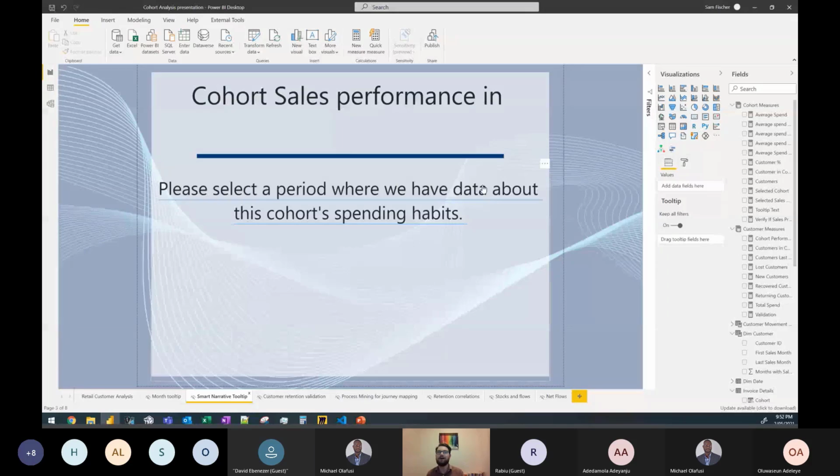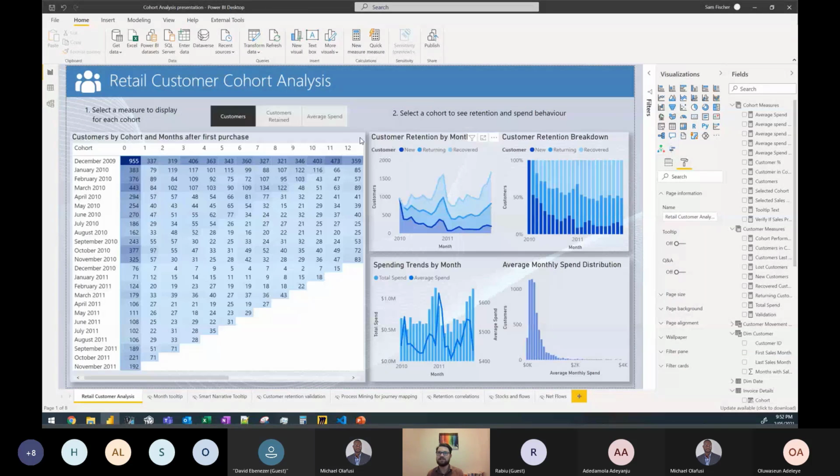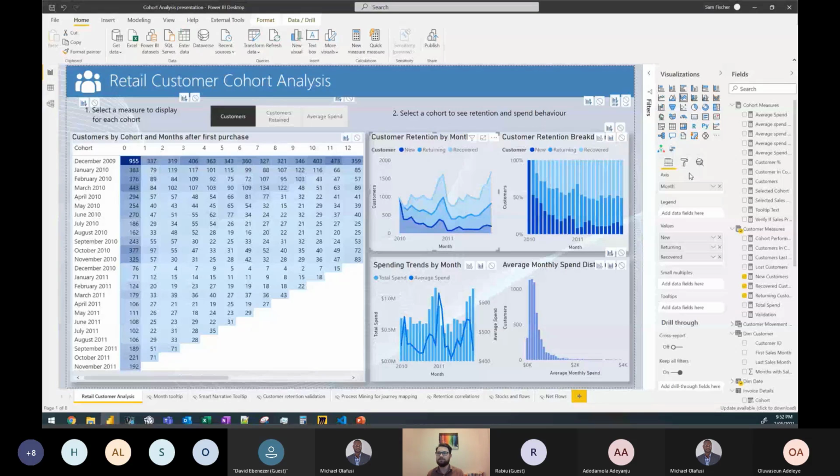Once you set that up, it will allow any other visuals on any other page to use a report page instead of the default tooltip. So I might choose the smart narrative for this one. It's probably not going to make much sense here, but that's how you can define that.